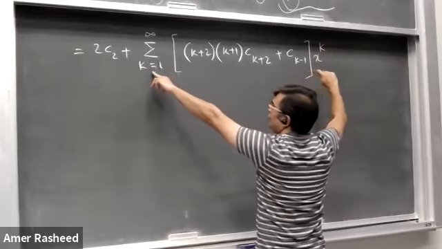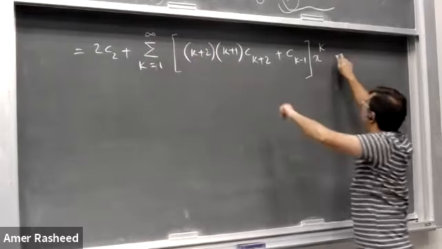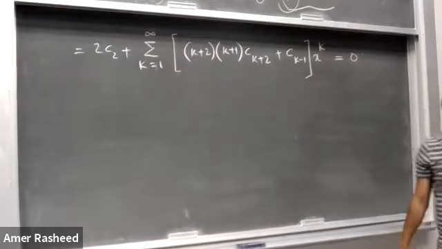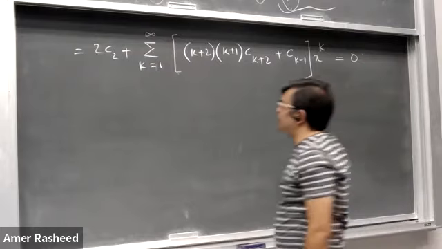You took the summation term common and then x power k common. It is equal to 0. Now we can compare the coefficients on both sides.